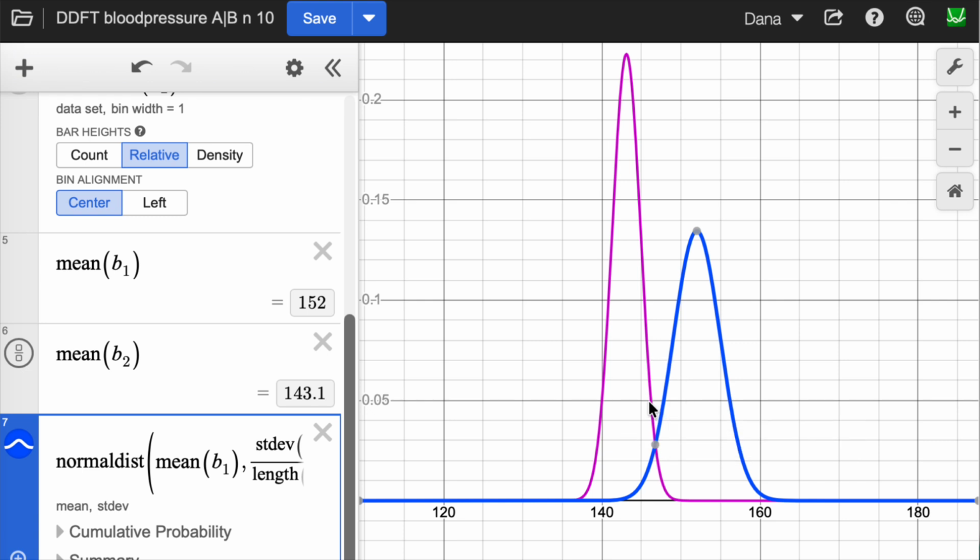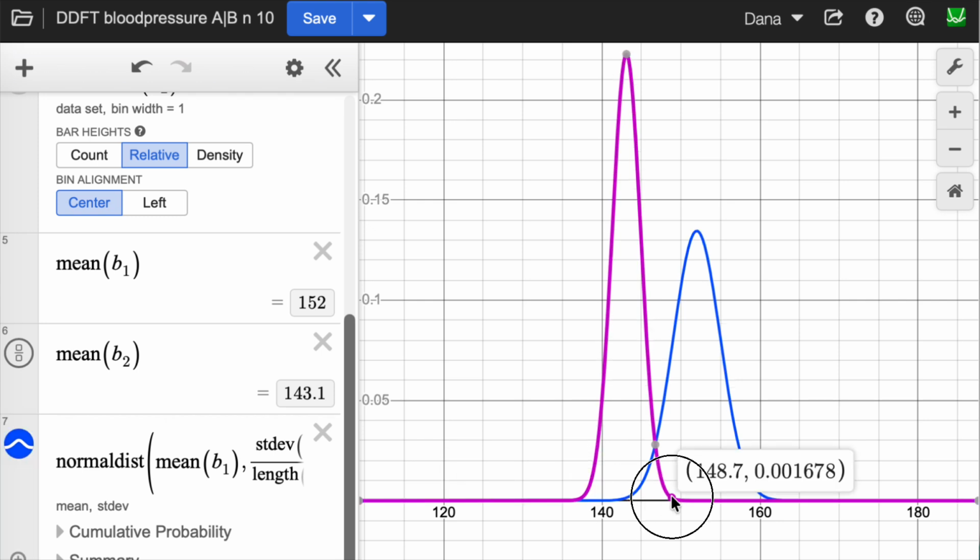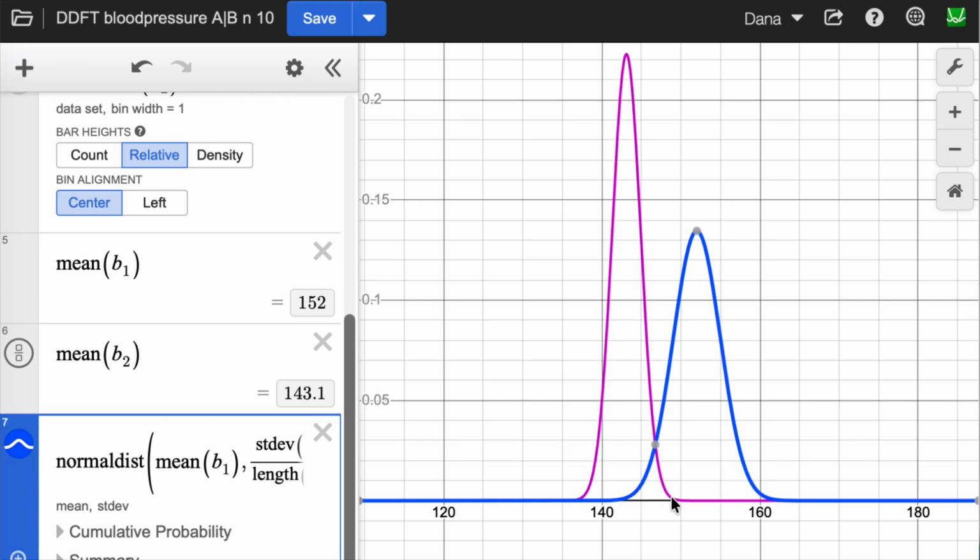Now I'm kind of skimming over things and oversimplifying, but as you haven't had statistics, I'm not going to go into all the details of how we work that out. But think of it as that's where the means could be. And they could be the same if the actual mean is someplace between 142 and 148.